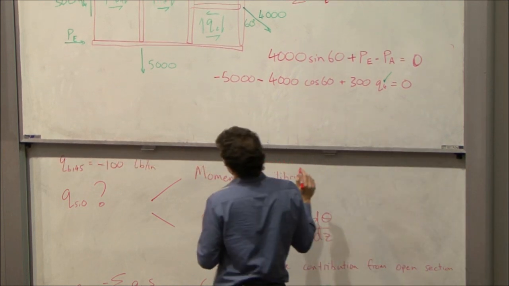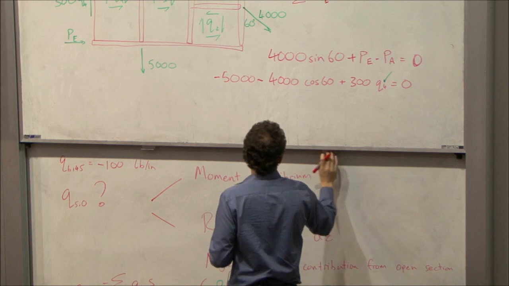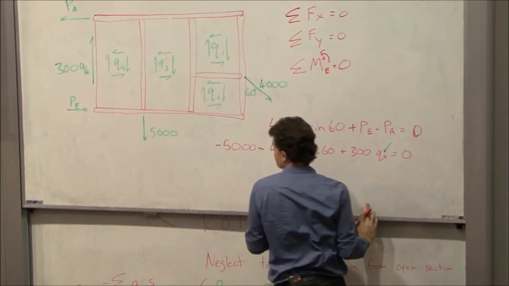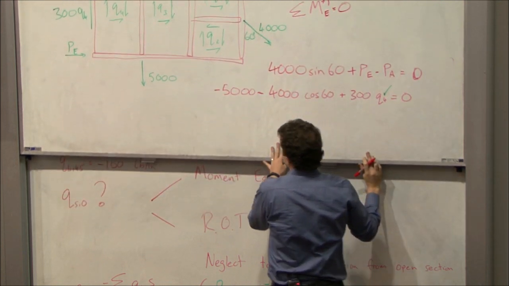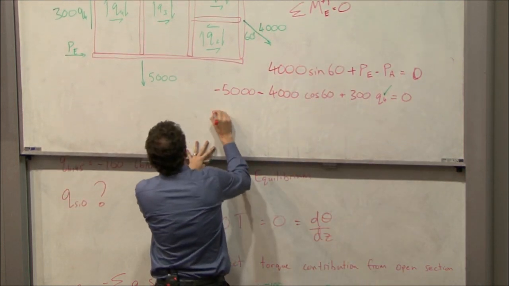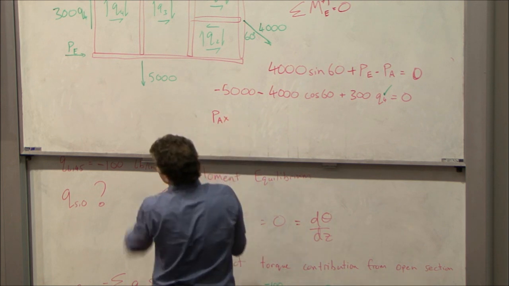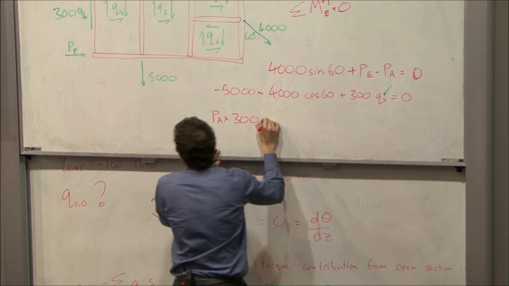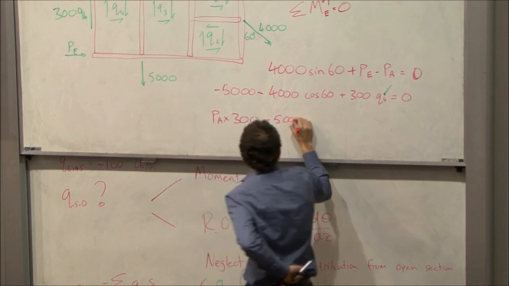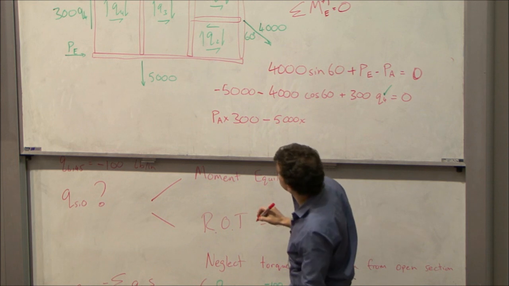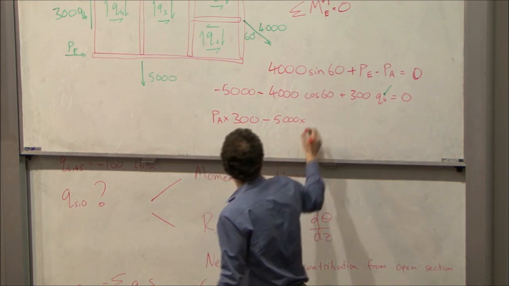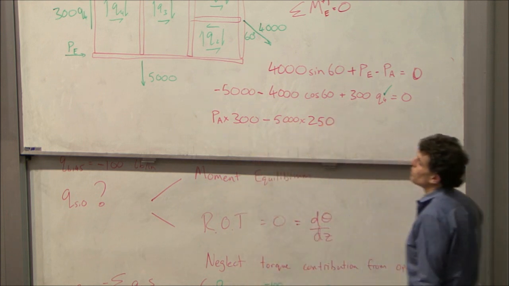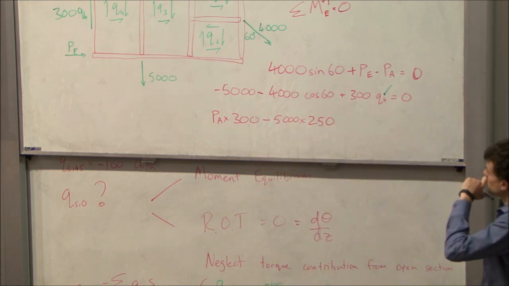The sum of moments about E, we'll assume anti-clockwise positive: PA times the distance to PA, which is 300, minus 5,000 times the distance, which is 250. Now we'll break the 4,000 up into components.